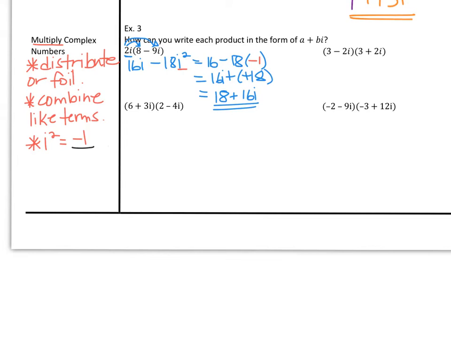On the right, we have 2 parentheses, so we're going to FOIL. First, outside, inside, last. I'm going to take the 3 in the first parenthesis and multiply it to both terms in the second parenthesis. 3 times 3 is 9, and 3 times positive 2i, 3 times 2 is 6, so it'll be 6i. I'm then going to take negative 2i times 3 and negative 2i times positive 2i.